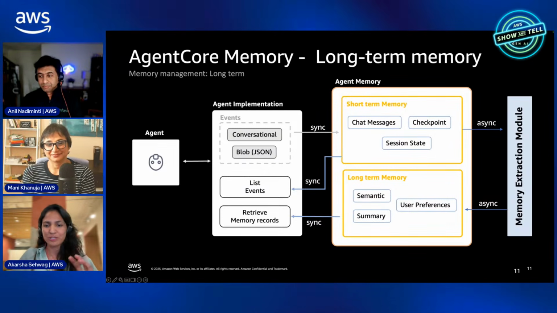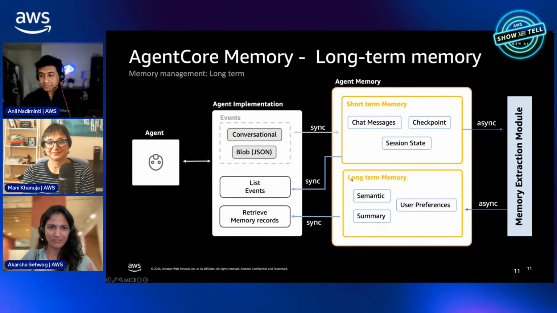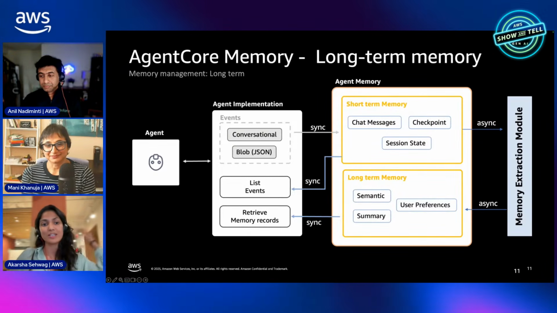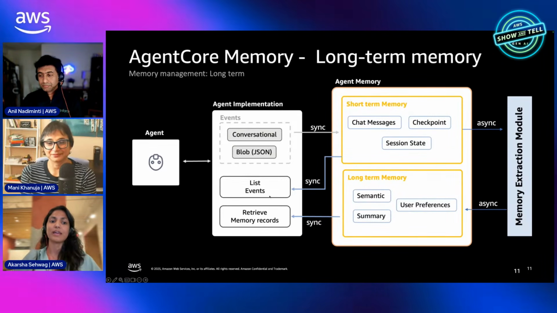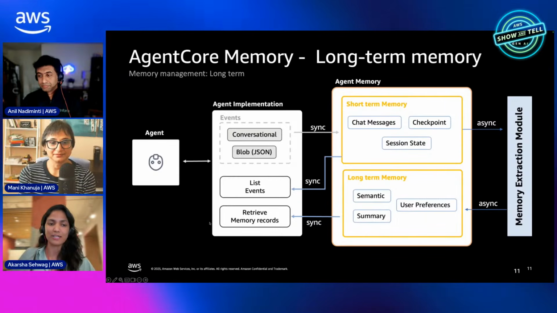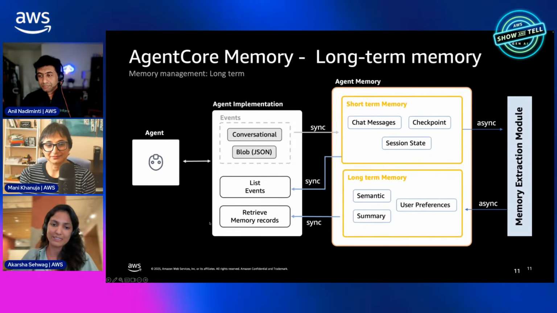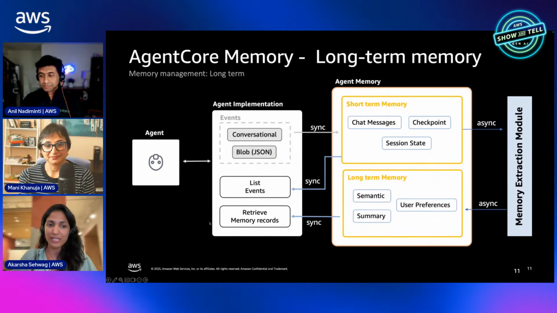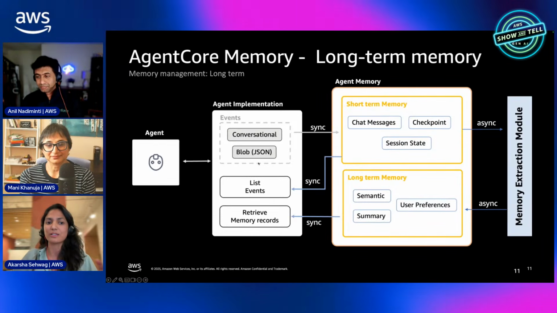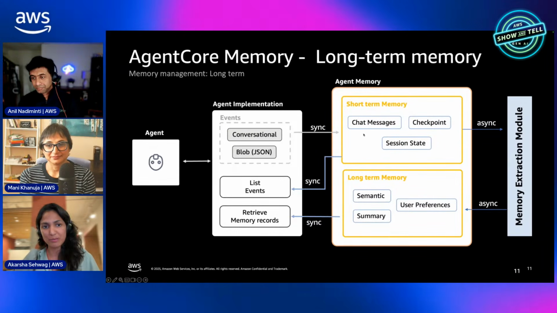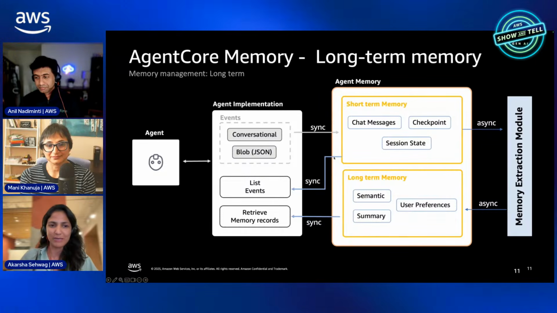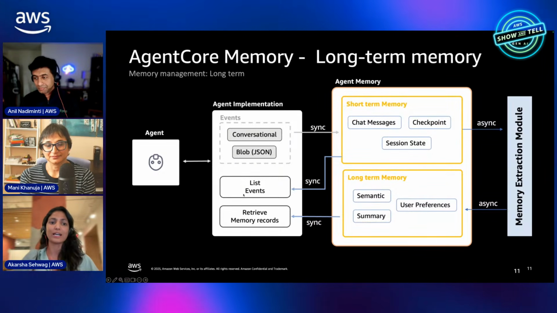So once you have it all stored, you have these long-term strategies, then you can access them via the retrieve memory record. So you can list them, retrieve them based on the namespaces that you've provided. And you can combine this with the list events from the short-term memory. So for example, one of the very common patterns that we see out there is the last n messages.